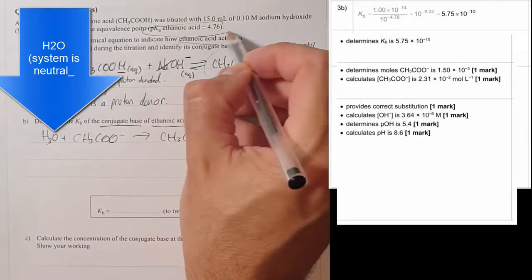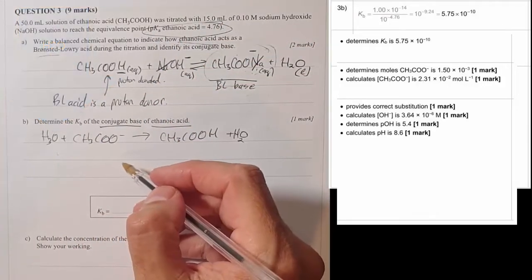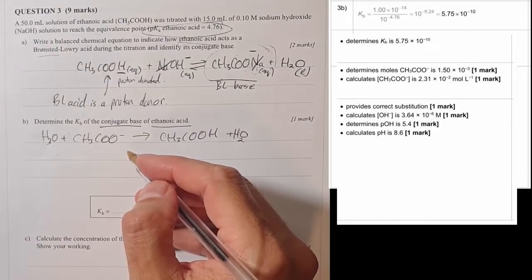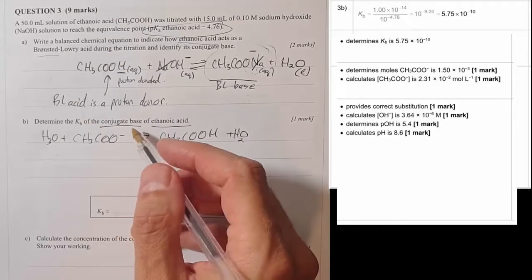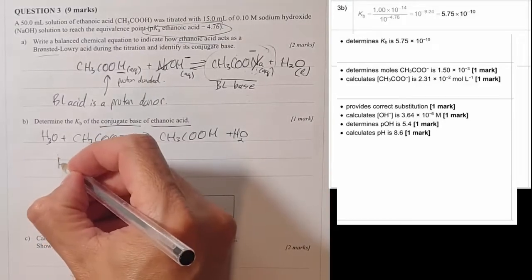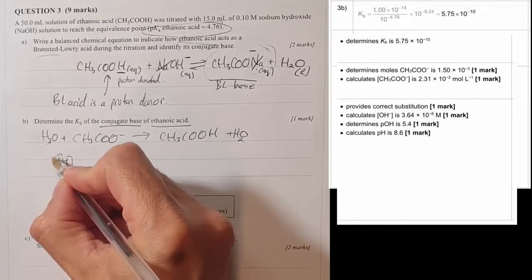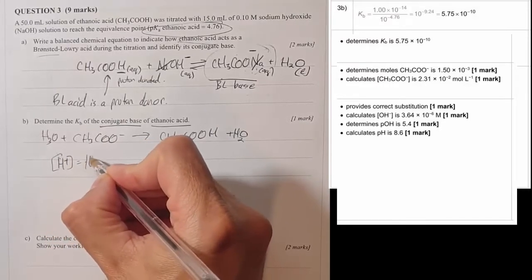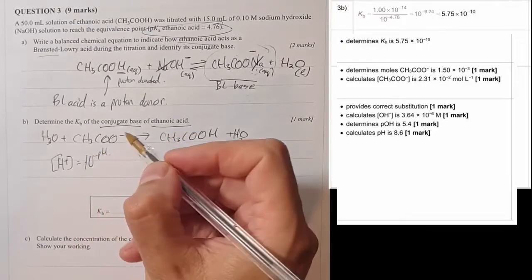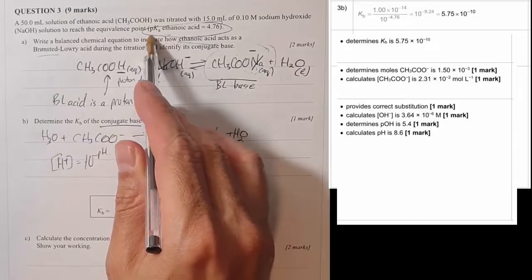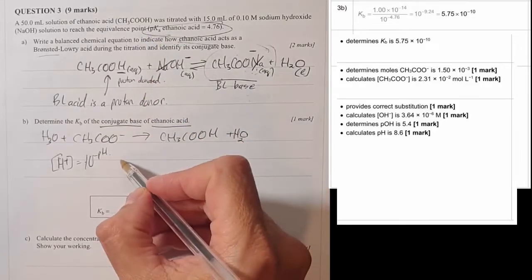But the Kb's here, and so to get between pKb and Ka, you normally, when you go between hydrogen ion and pH, the hydrogen ion equals 10 to the minus pH. So if we have the pKa here, we could do it that way.